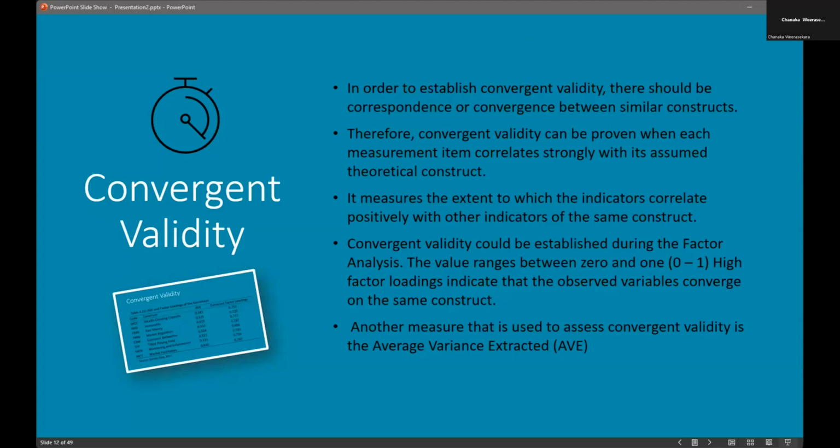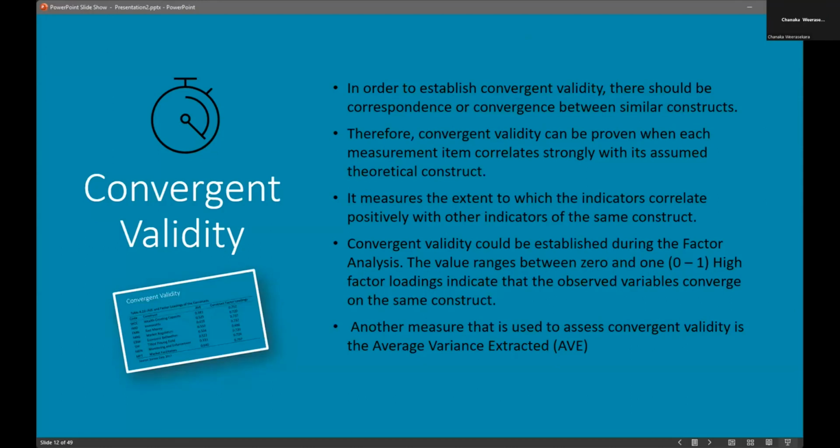And you know that when you are developing a questionnaire, you develop several questions in order to measure one variable, or let's say one construct, right? So all these questions that you are asking should converge into the same idea, the same construct.